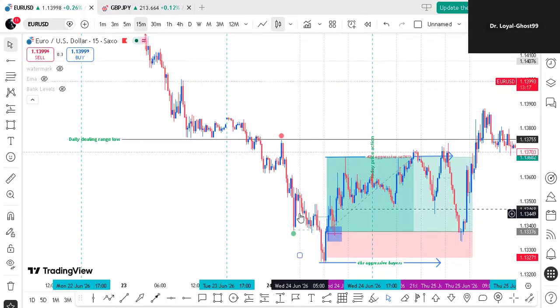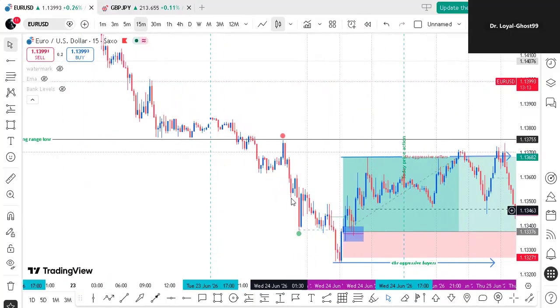So we always mark the 4 hour price action, since I'm an intraday trader. I'm just an intraday trader, looking for opportunities within the day. So I monitor what's happening.